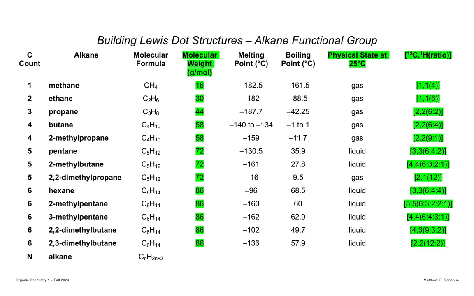So what I want to point out on these next couple slides, we're looking at the C count from 1 to 6. This is showing you alkanes. And maybe one thing I can point out starting with ethane. See the molecular formula?